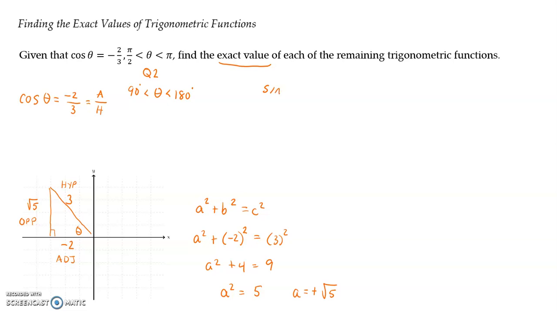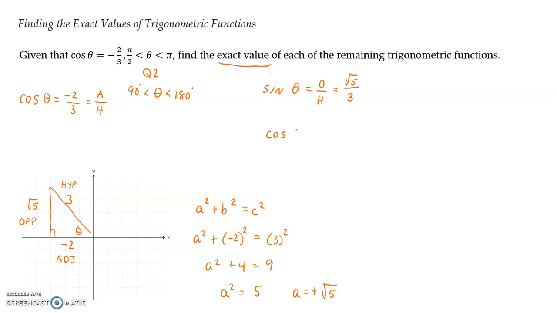So for sine of theta, you're just going to be reading this information off of your triangle as you have it drawn, right? You need your opposite side over your hypotenuse, which in this case is going to be radical 5 over 3. We already have information about cosine of theta, right?